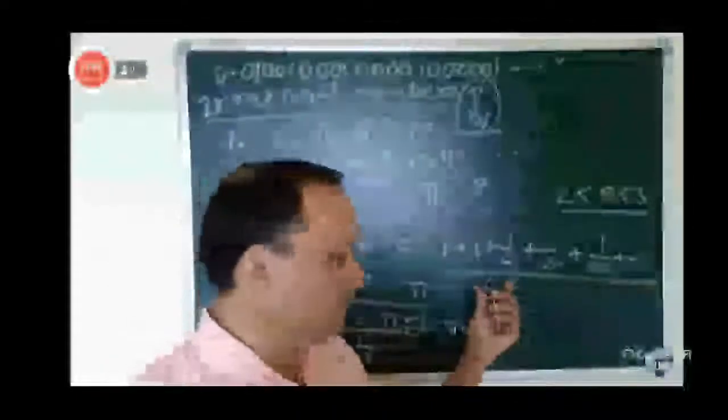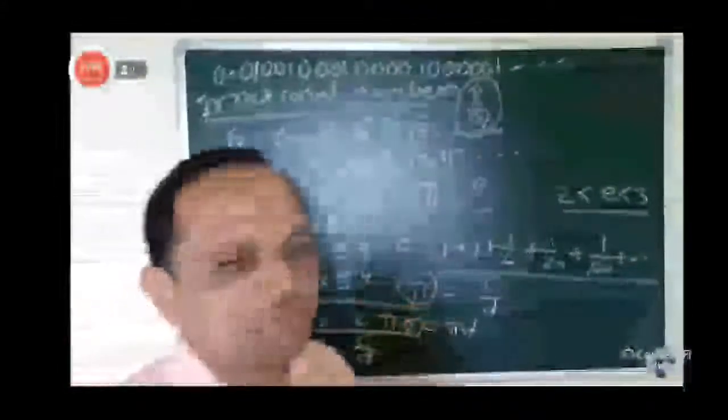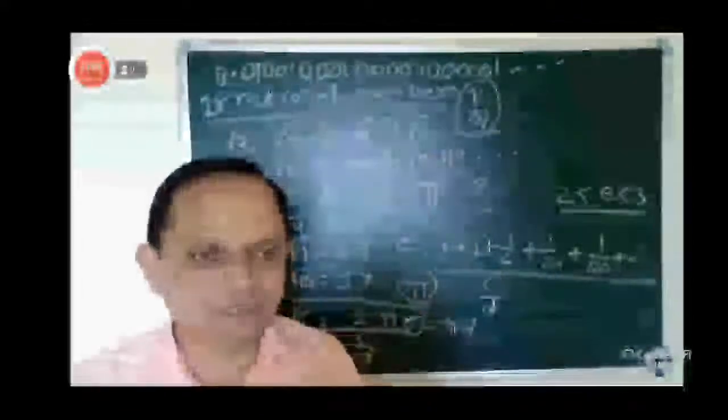C equals 2 pi r, which equals pi d, so pi equals c by d, where c is the circumference of the circle and d is the diameter. So the ratio of the circumference and the diameter is called pi, and the value of pi is also an irrational number.